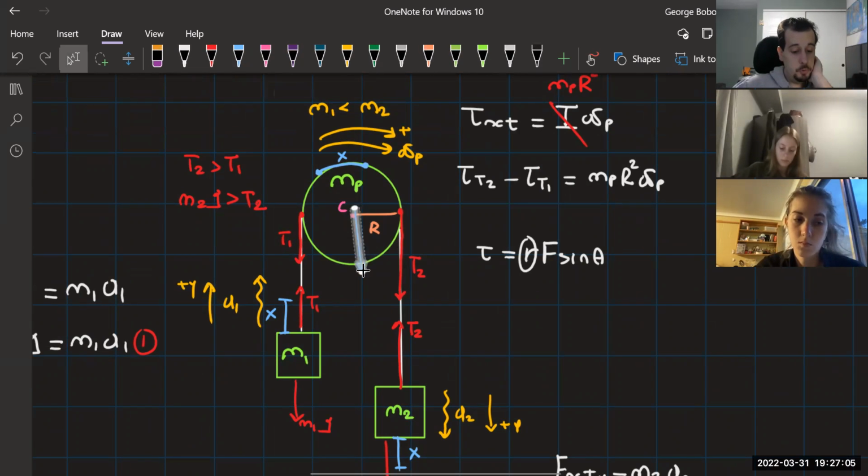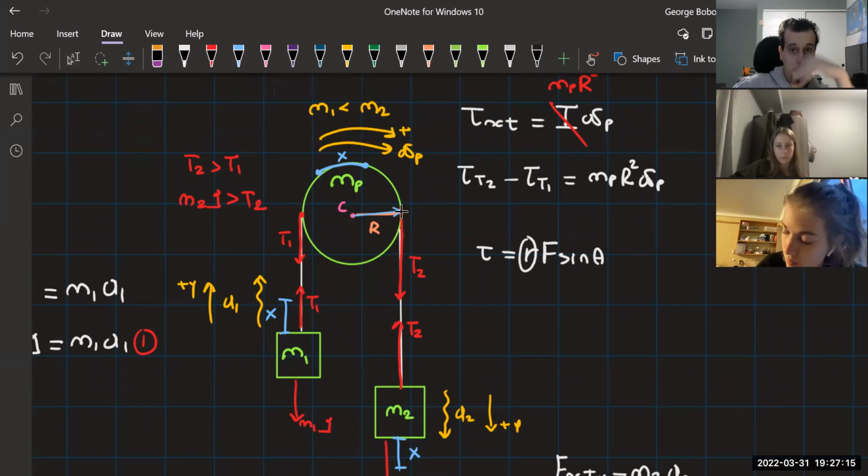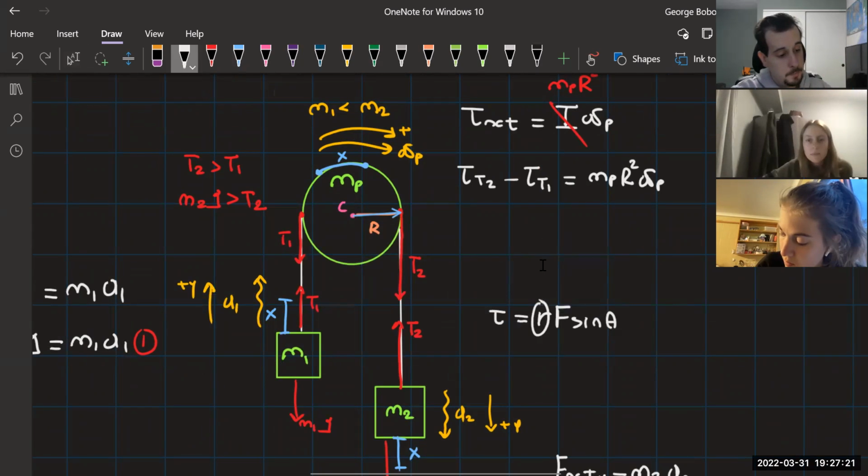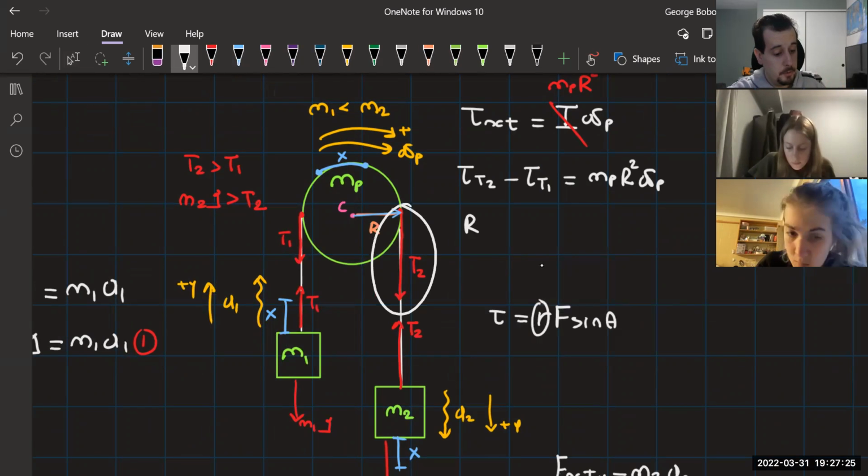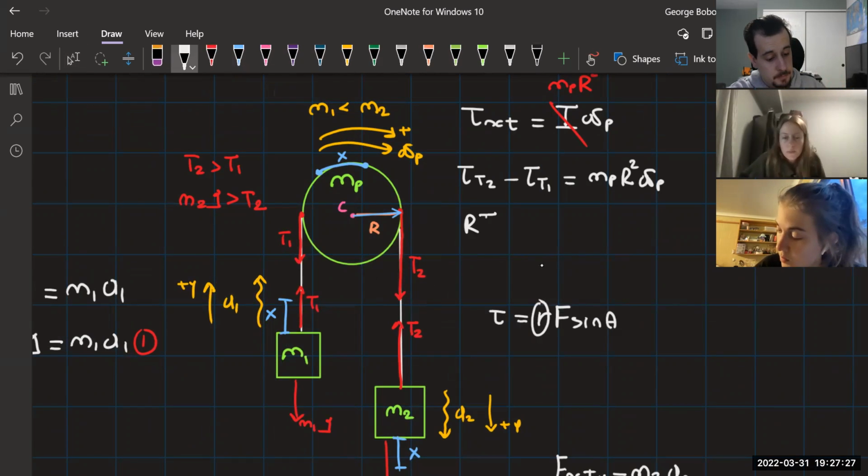So for example, if I'm doing T2, the pivot point's in the middle right now, and the force is acting right there where the arrow is pointing. What's that distance? Capital R. And what is the force that we're analyzing right now? T2. And what is the angle between blue and red vector? 90.